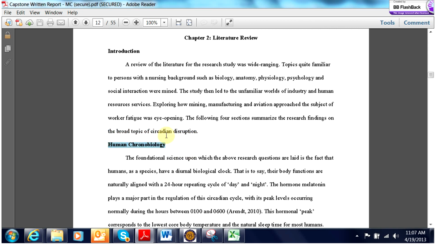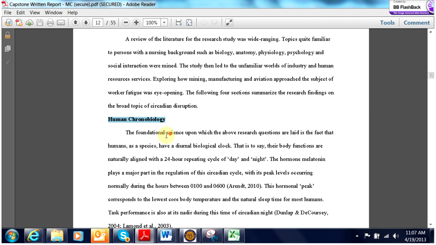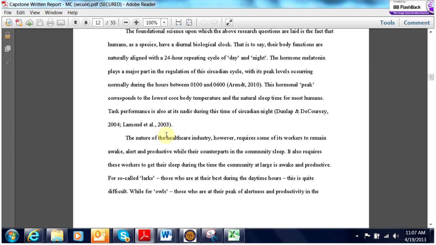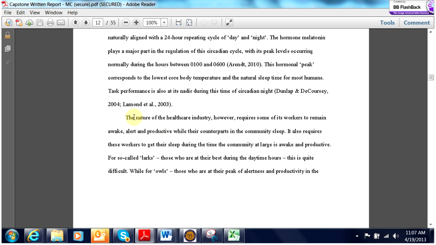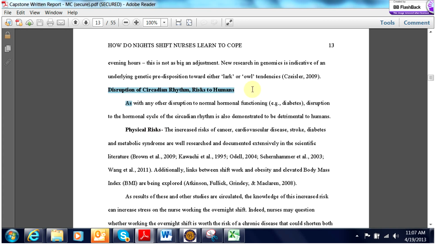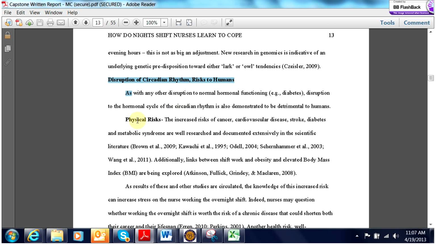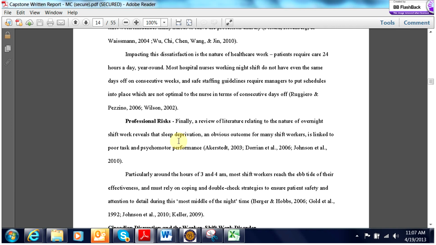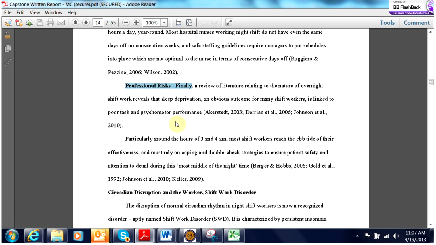So we understood what's going on with normal sleep cycles. And she starts to introduce that healthcare disrupts those. So then she goes into what's the evidence that we know now about the disruption of circadian rhythms and its risk. She had subheadings underneath here, the physical risks, the psychosocial risks, and professional risks.